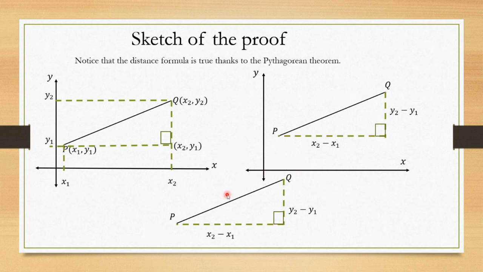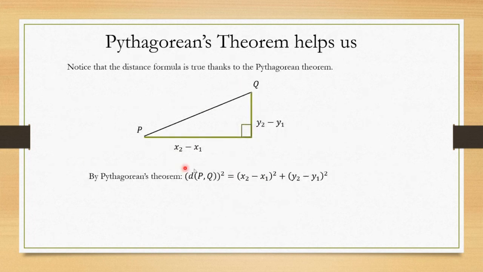Now you can see that Pythagorean's theorem is going to be used. Here I basically made the lines not dashed. How do we get the length of this side, which is the distance from P to Q? Pythagorean's theorem says the length of that line segment squared is the length of this squared plus the length of this squared.